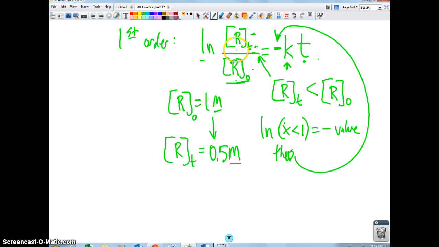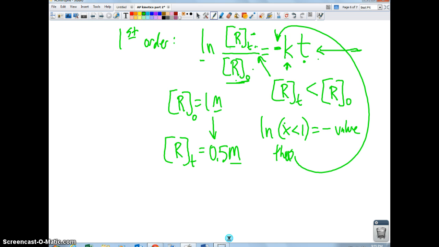As long as I know 3 of the 4, I can solve for the one that's missing, just like a regular algebra problem. So again, for first order, the units on k are going to be 1 over time, since these units over here are going to be time, so k has to be 1 over time, because we're going to cancel those units out to come up with a number, a mathematical ratio.